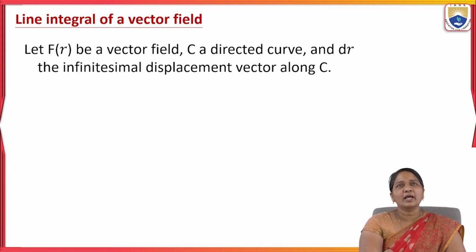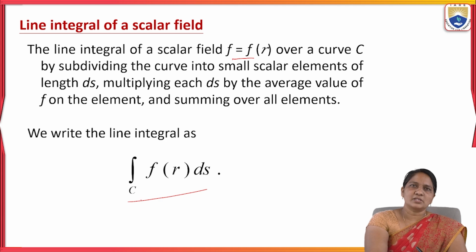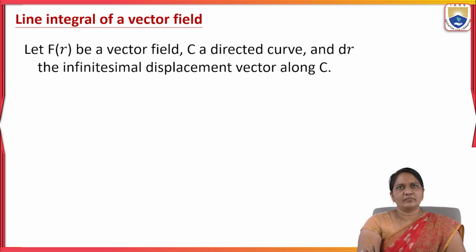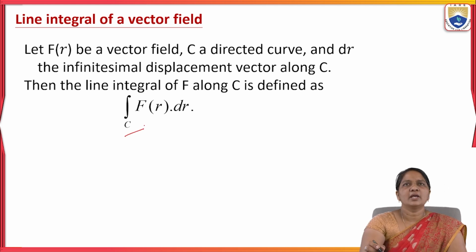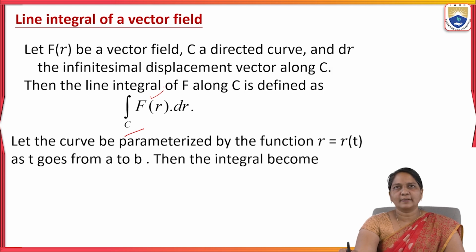So we can calculate the line integral for the scalar field and the vector field also. For the scalar field we use the formula integral over C f of r ds, and for the vector field the function is a vector.